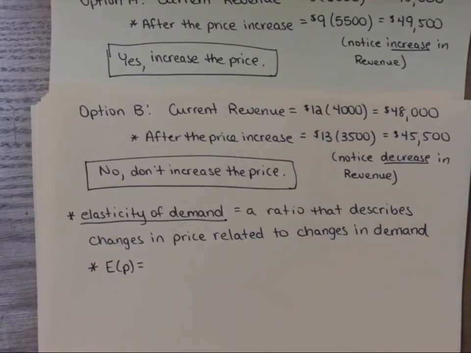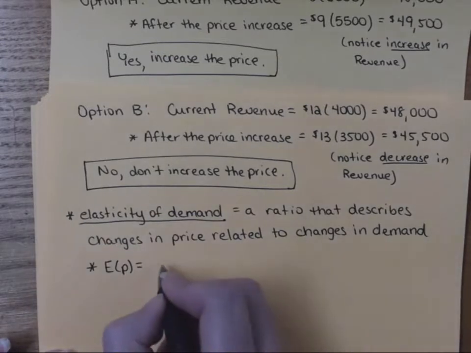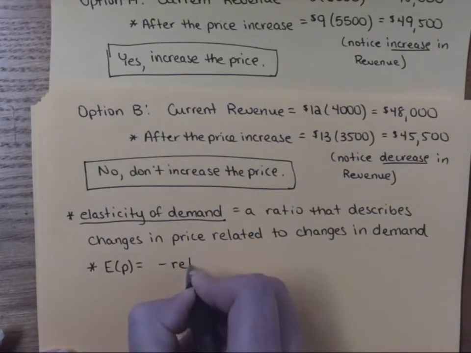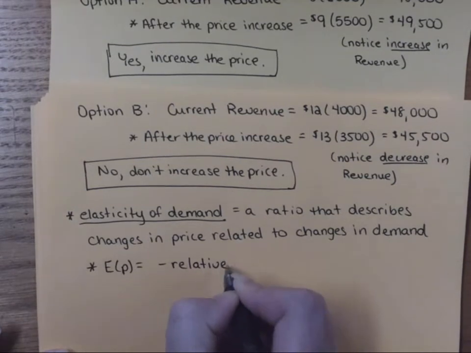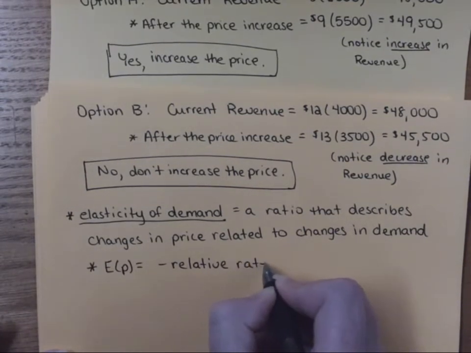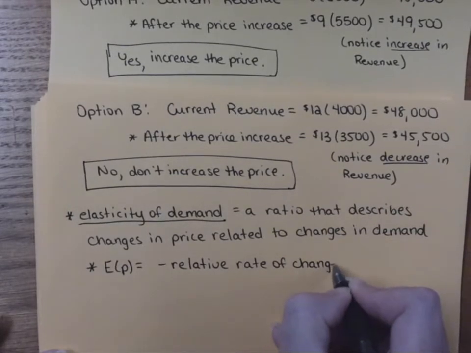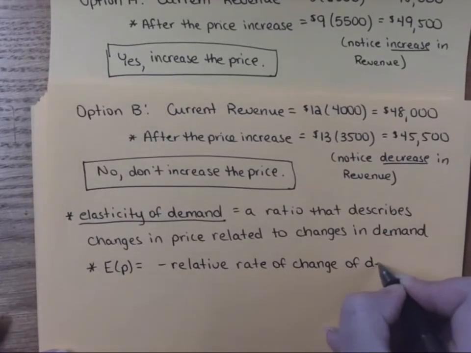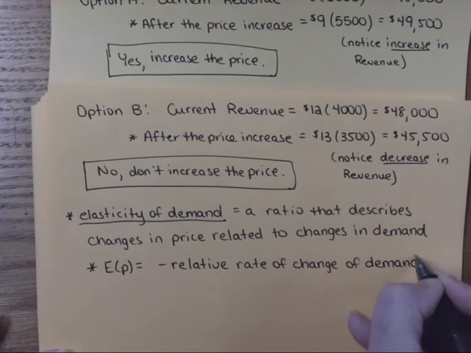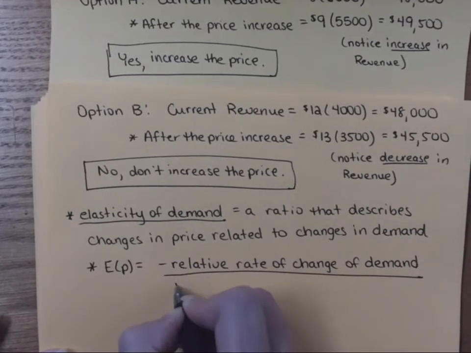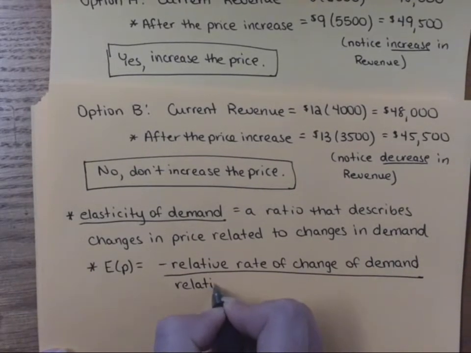So the formula for elasticity of demand, we call it E of P, little p meaning price, is always going to be a negative sign, and it's going to be the negative rate of change of demand over the relative rate of change for price.